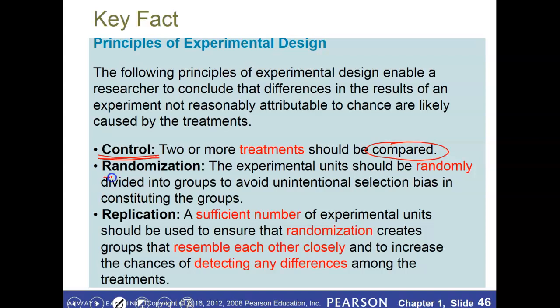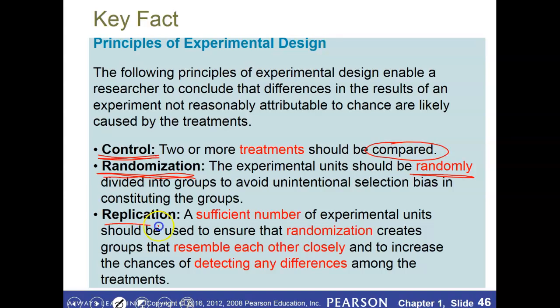Then there's randomization. When you have the 2 different groups, you want to randomly select certain women to be in one group and certain women to be in another. You don't want women from one side of the country in one group and women from another side in the other, because it could be something within that non-random selection that's causing the difference and not the thing that you're trying to control.